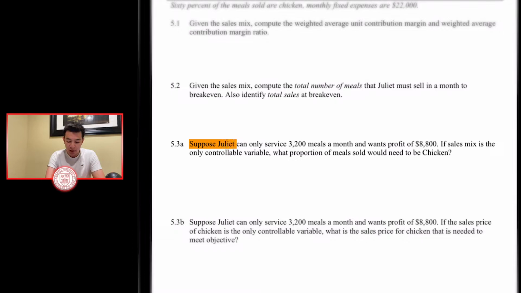Suppose Juliet can only service 3,200 meals a month and wants profits of $8,800. If sales mix is the only controllable variable, what proportion of meals sold would need to be chicken? So basically the sales mix is the only controllable variable, which means that instead of chicken being 60% of meals and jumbo being 40% of the meals sold, we can change that to make sure we have a profit of $8,800.